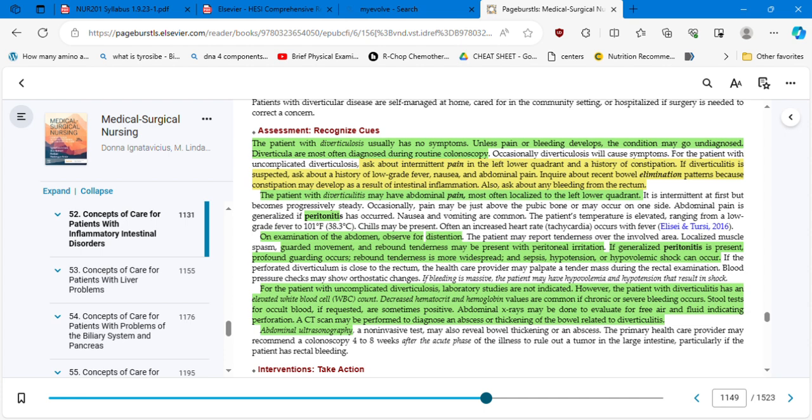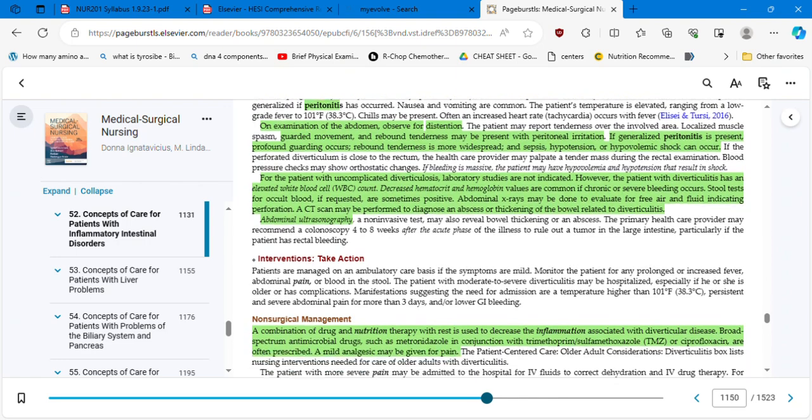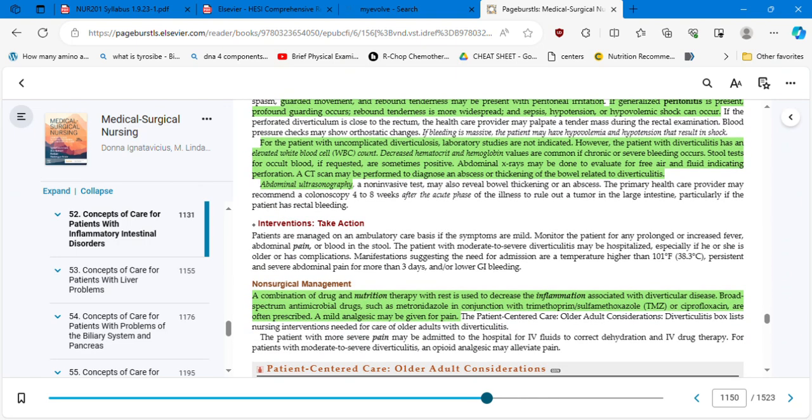If generalized peritonitis is present, profound guarding occurs, rebound tenderness is more widespread, and sepsis, hypotension, or hypovolemic shock can occur. For the patient with uncomplicated diverticulosis, laboratory studies are not indicated.